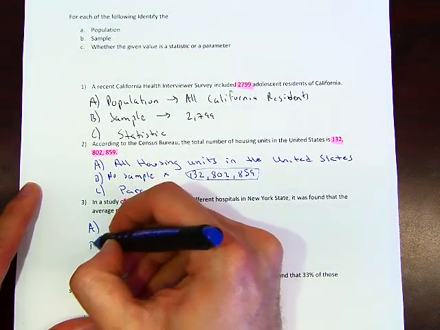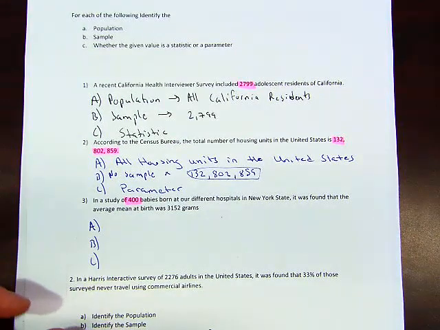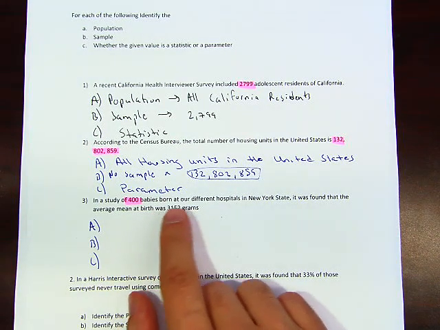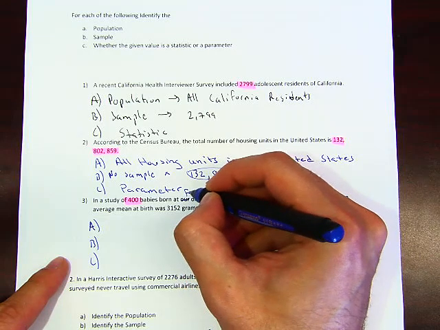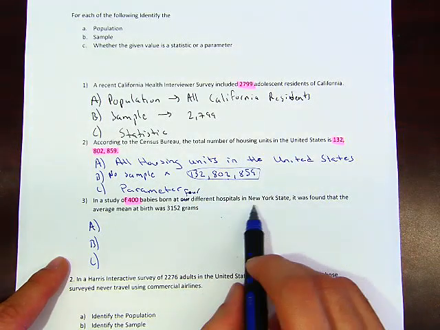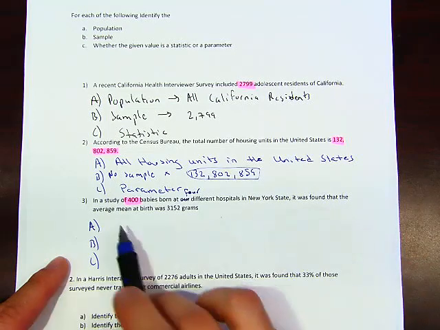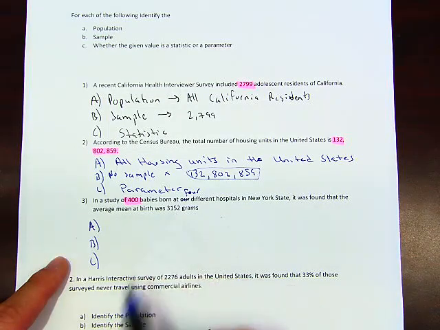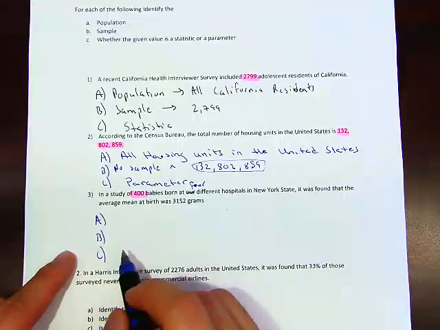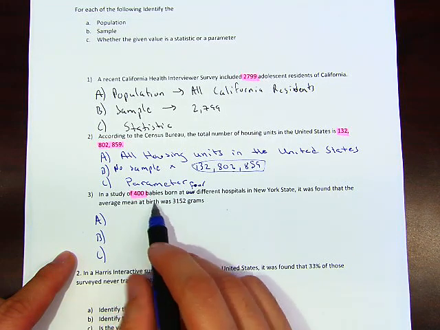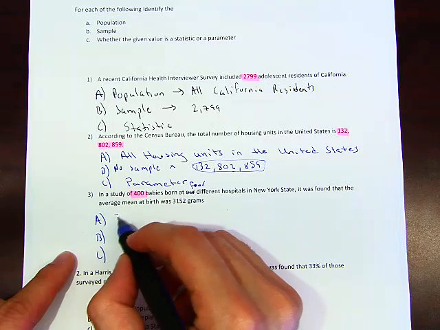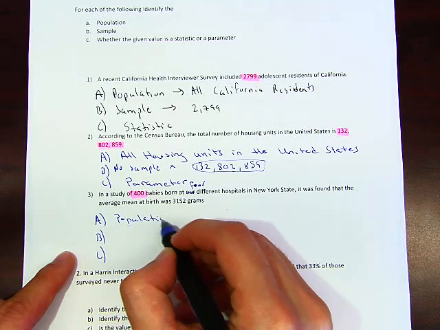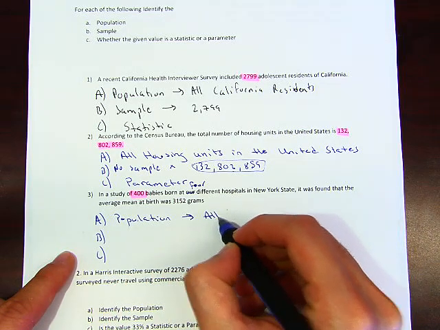If you have A, B, and C, right? It says in a study of 400 babies born at, that's a typo, that should say 4 different hospitals in New York State, it was found that the average mean birth weight was 3,152 grams. So here, in a study of 400 babies born, I would say the population would be all babies.